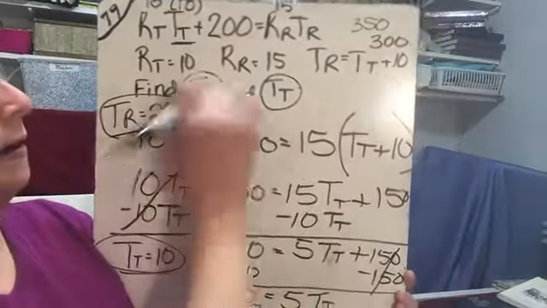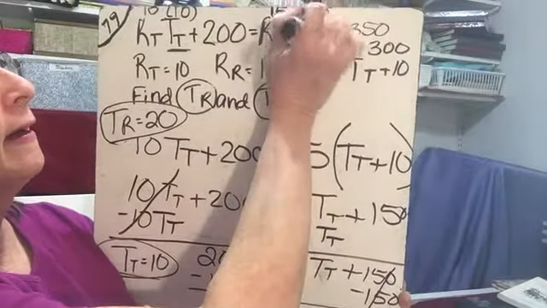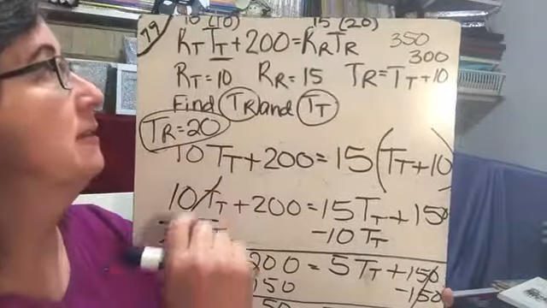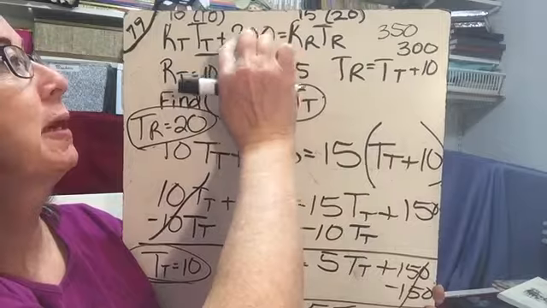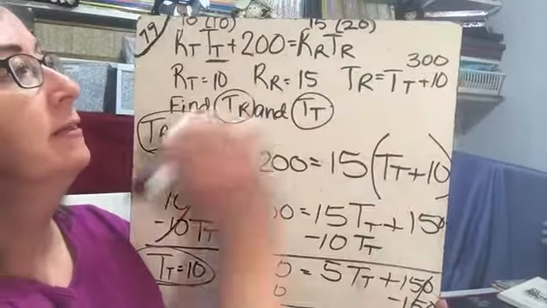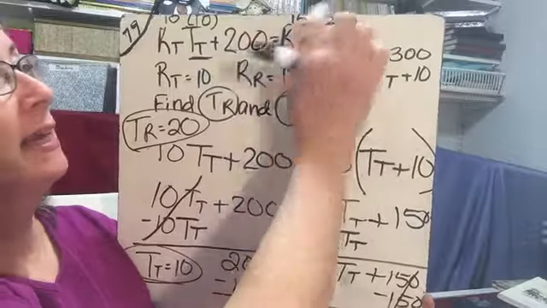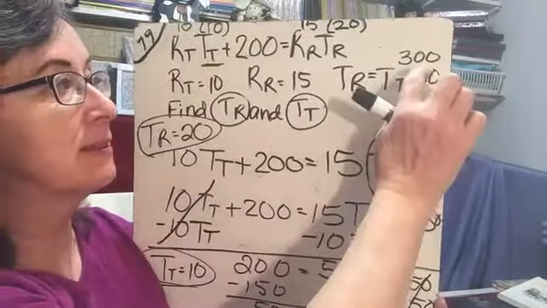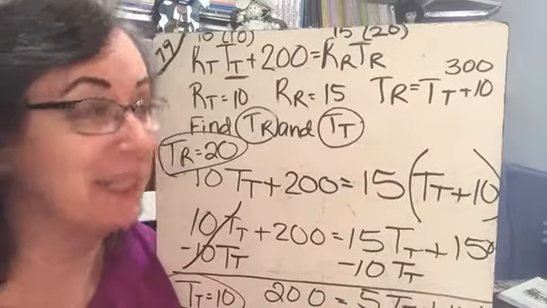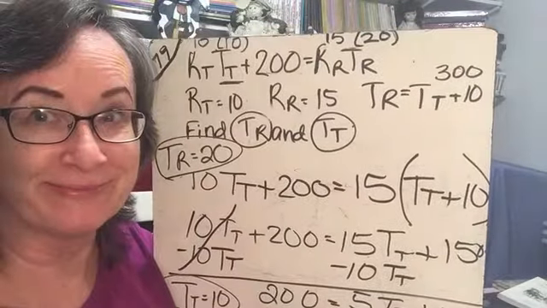T sub r is 20. 10 times 10 is 100. 100 plus 200 is 300. 15 times 20 is 300. And it works. We get 300 equals 300.